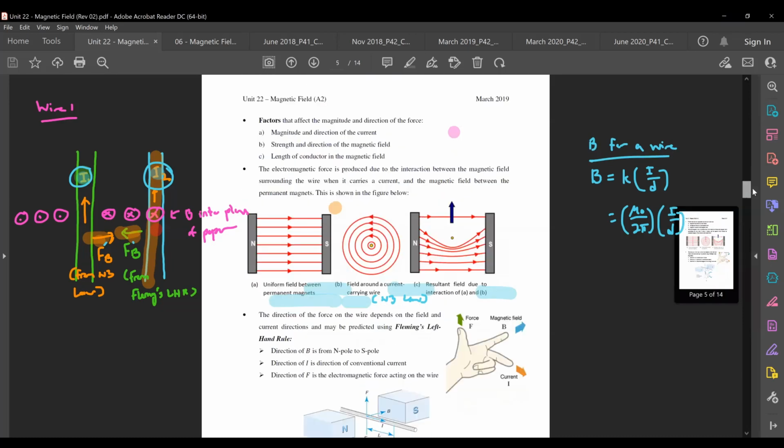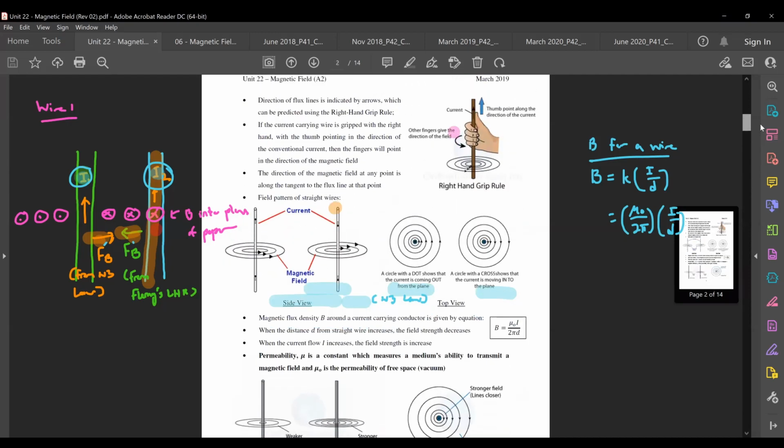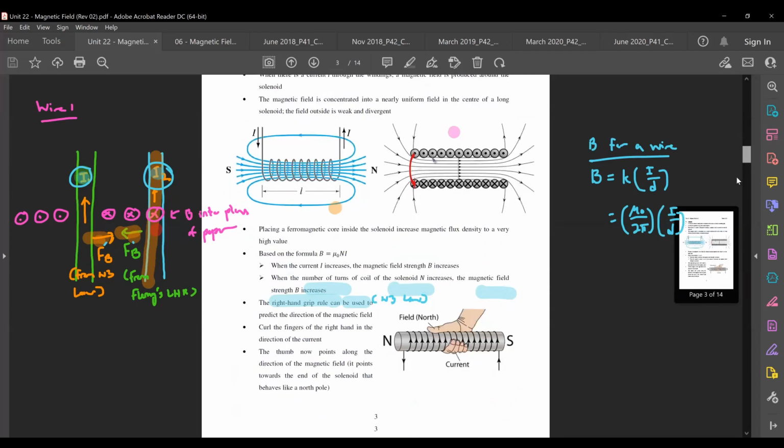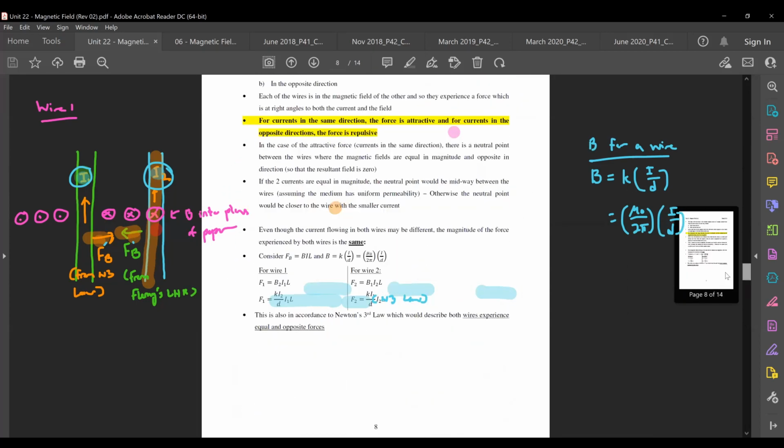It's actually from page 2 of your notes. I also mentioned that you don't really need to remember this equation, because if it's required in your exam, they will tell you.